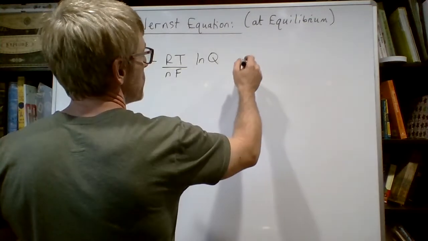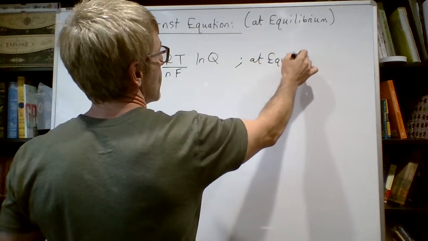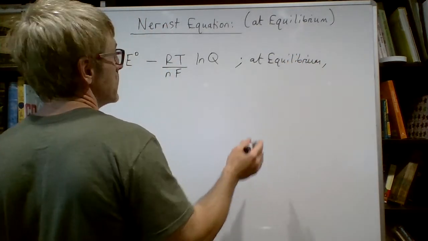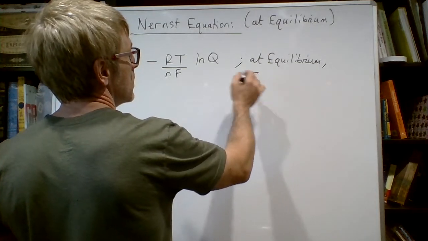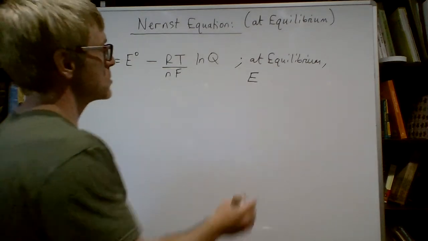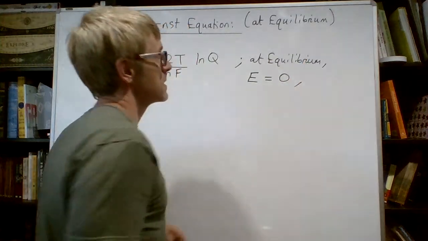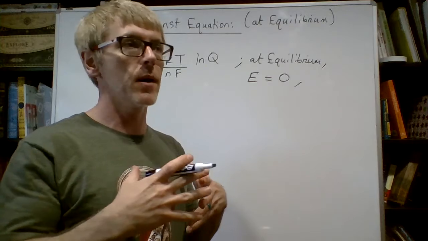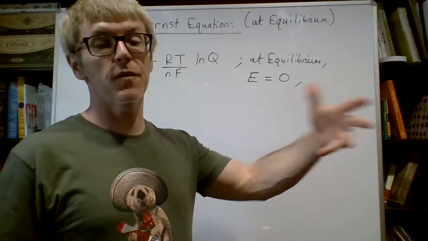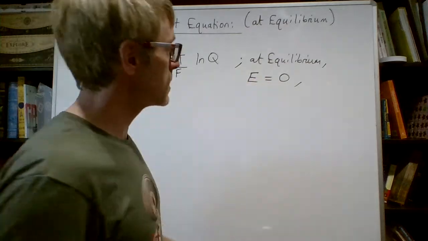At equilibrium, first of all, we know that the non-standard voltage is 0, because equilibrium for a battery would mean a flat battery. It means that the chemical reaction is finished. There's no net driving force forcing the electrons to move. So there's no voltage at equilibrium.